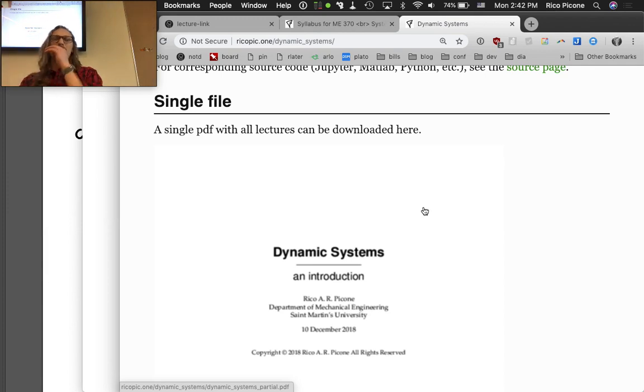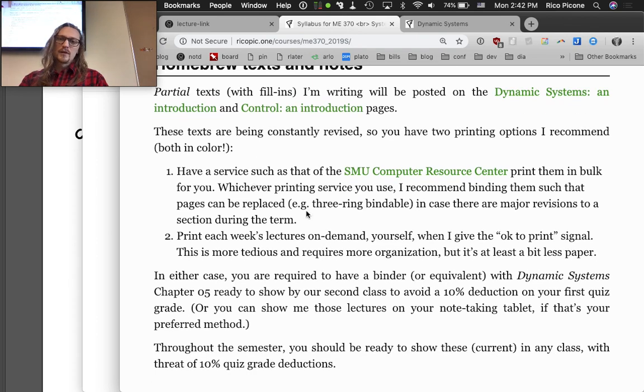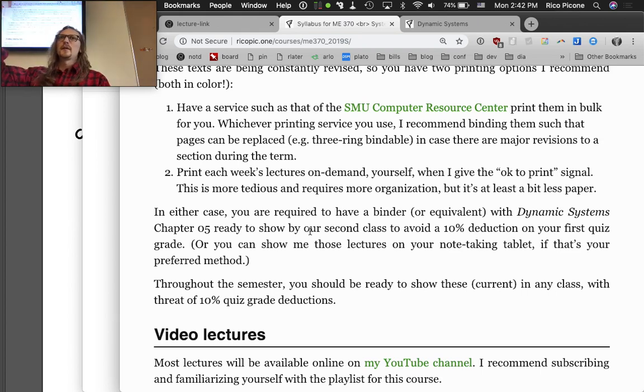Textbooks and other things that are printed off are not allowed. So either go to the copy center and get them all printed out at once, or you can print them chapter by chapter as we get there. Some of them might get revised as we go, and if there's a significant revision, I'll let you know to print a fresh copy of that lecture.